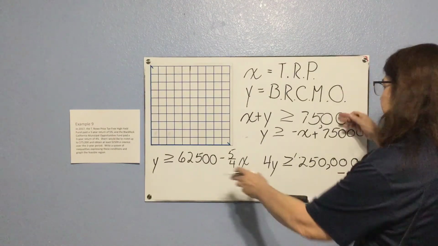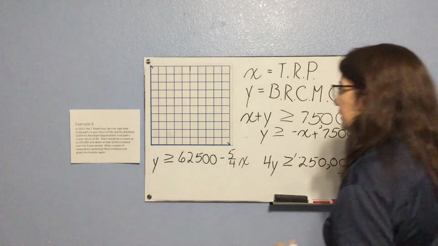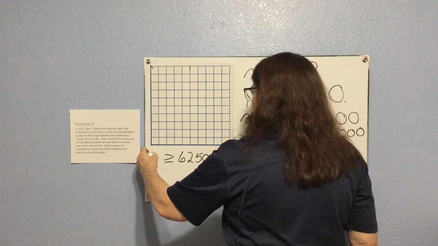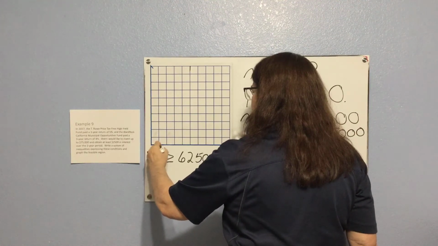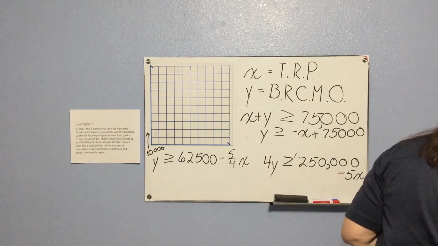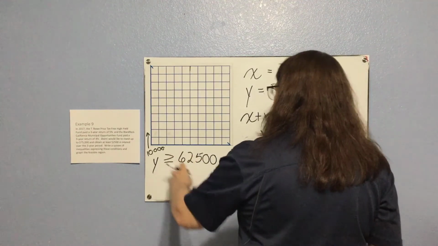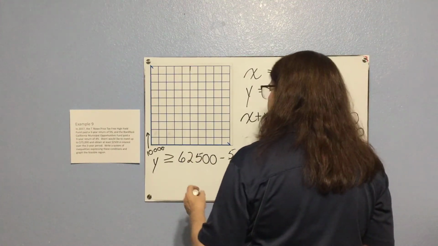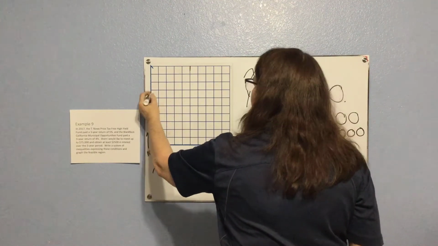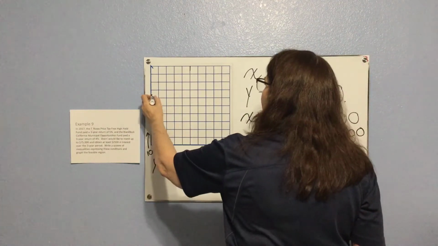Okay, clearly our y-intercepts are quite large, so I'm going to make these units on the y-axis 10,000 up this way. We'll just do the same thing on the other one. Okay, so y greater than or equal to 62,500. So 10, 20, 30, 40, 50, 62,500 would be there. My slope is -5/4.